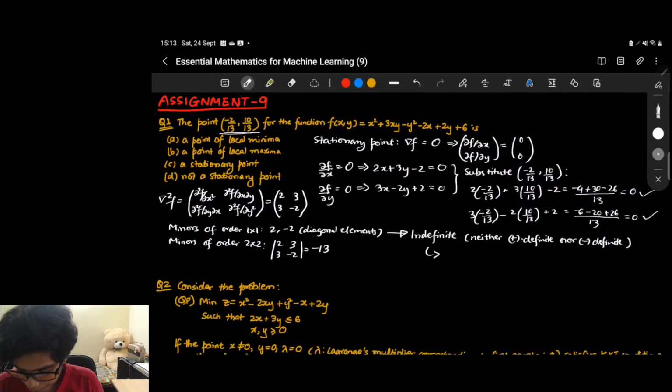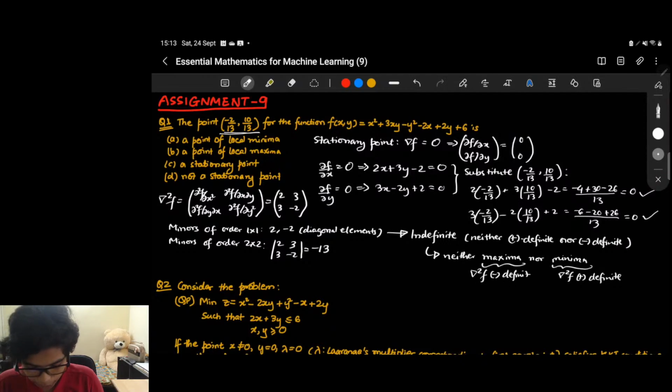If it is indefinite, that means this point is neither a maxima nor a minima. Why? Because for minima, del squared f should be positive definite, and for maxima, del squared f should be negative definite.